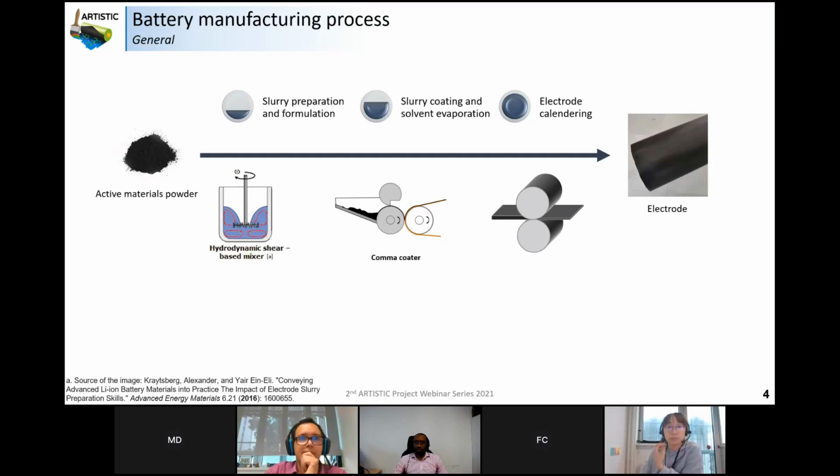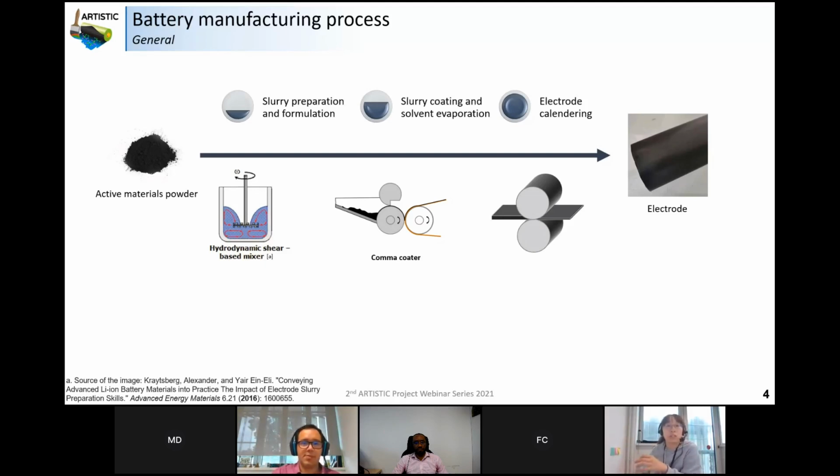The two commonly used methods of slurry mixing are the ball milling mixer and the hydrodynamic shear-based mixer. Here in our lab, we use the hydrodynamic shear-based mixing. The coating process consists of casting the slurry onto a current collector and the evaporation of the solvent in the slurry.